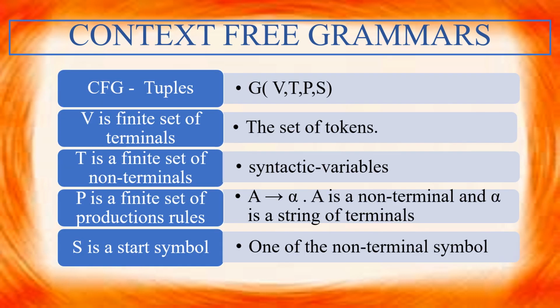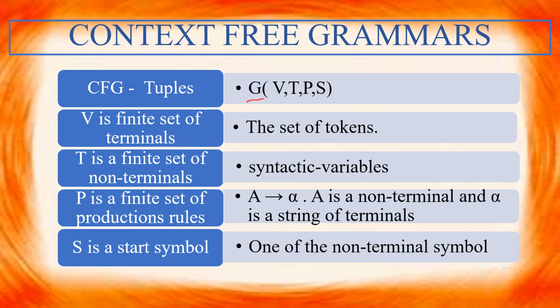So a context-free grammar contains 4 tuples. G indicates the grammar, and V, T, P and S, 4 tuples are there. V is a finite set of variables, that is a set of non-terminals, capital A to Z, syntactic variables. T is a set of terminals, that is tokens, small alphabets.